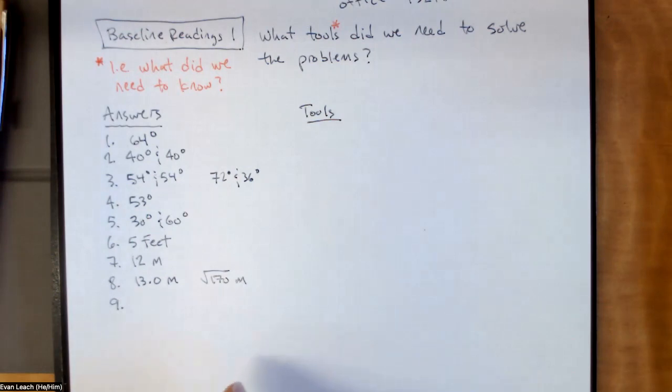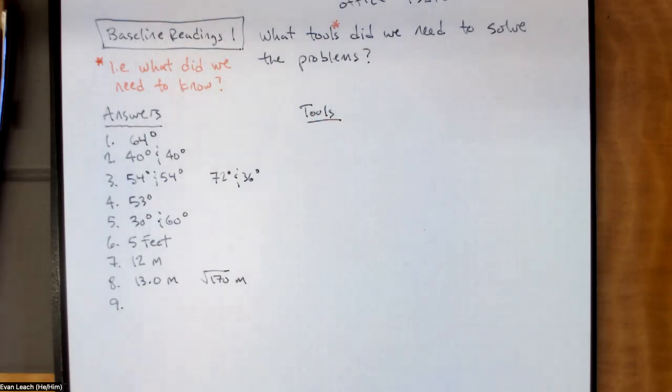So the square root of 170 is the exact value of the length. 13.0 is an approximation to the nearest tenth. 13.03 or 13.04 would be an approximation to the nearest hundredth. As soon as we grab our calculator and we see all the numbers that it writes and we stop writing numbers, we're approximating. If we want the exact value, we go back one step and write what we asked the calculator for.